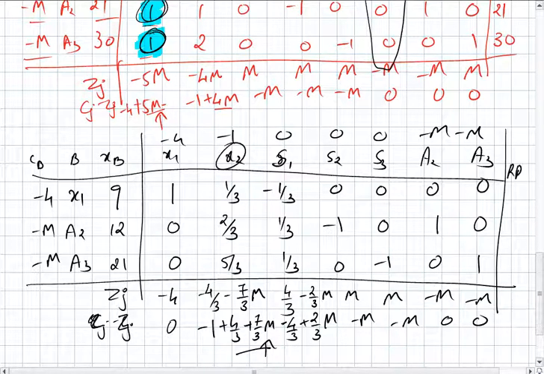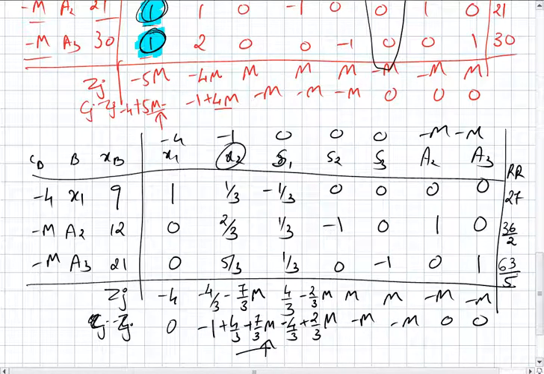Now to find out which variable will leave the basis, find out the replacement ratio, that is 9 by 1 by 3, it is 27. Here it is 12 by 2 by 3, so 36 by 2. Here it is 21 by 5 by 3, so 63 by 5.